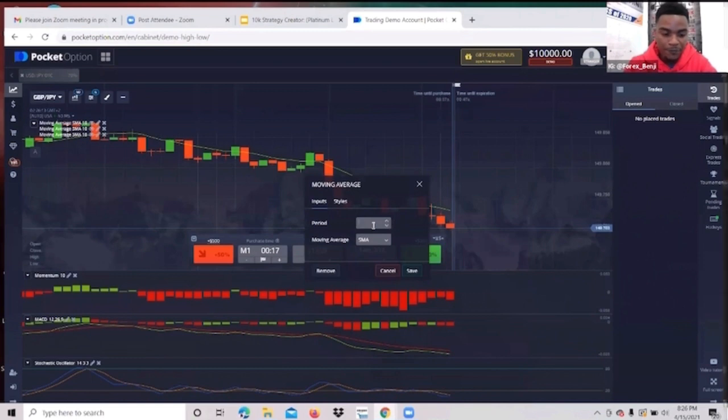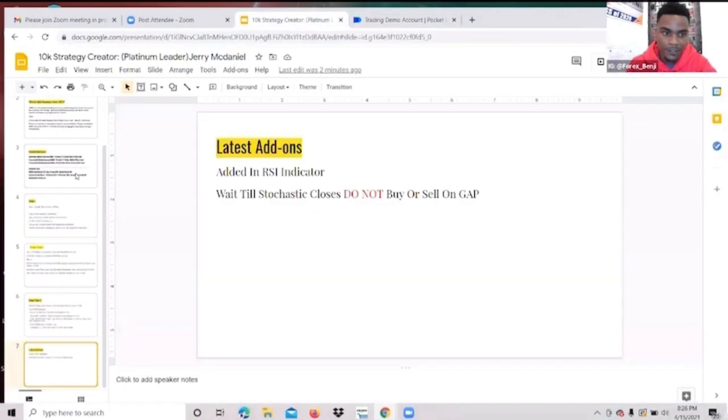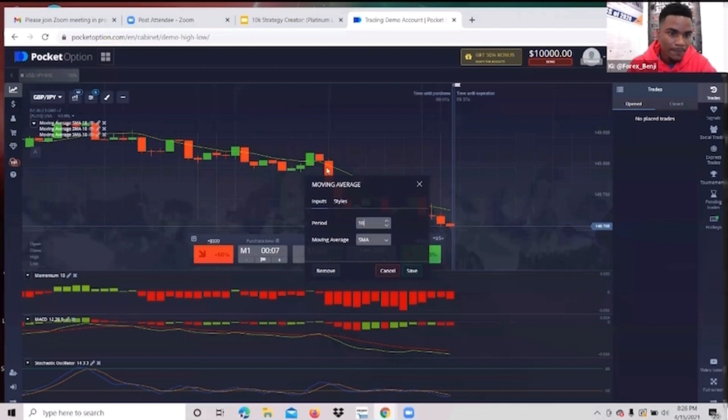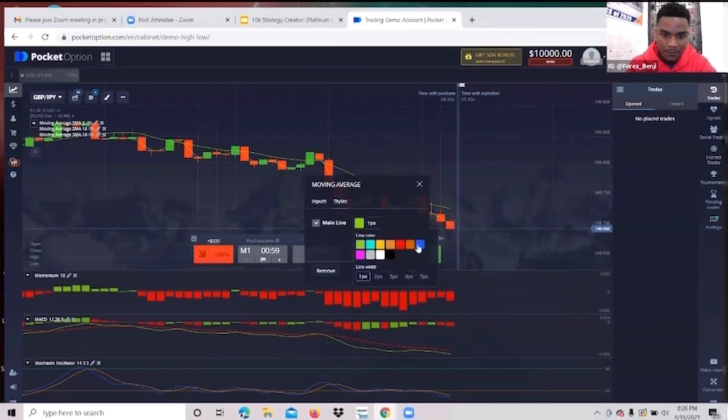Modifying this period for the 2 as we have on here for our steps using the needed indicators, smoothing blue and 2 pixel. So that'd be 2 SMA as marked, blue, 2 pixel.